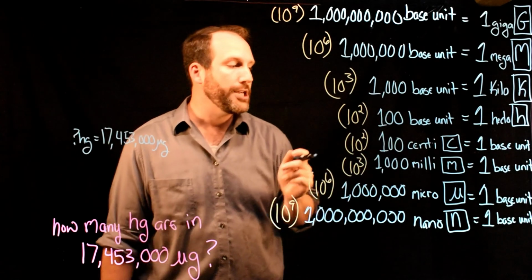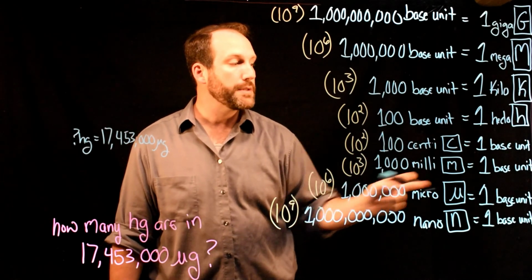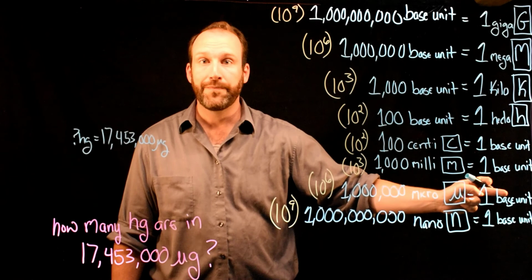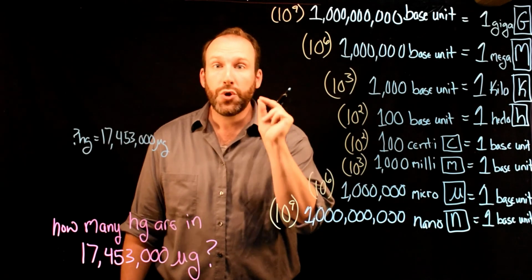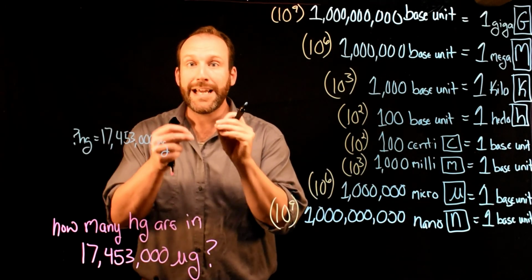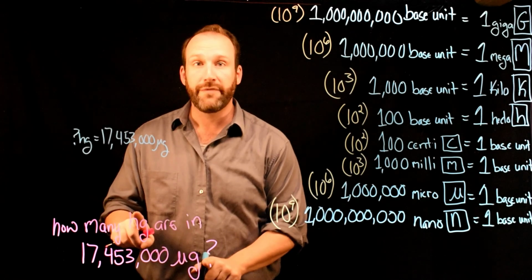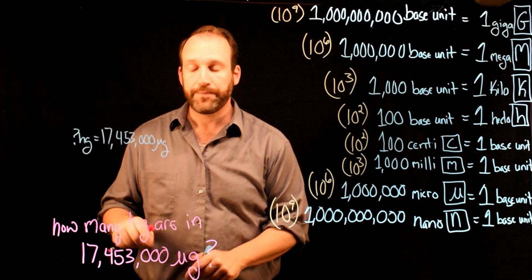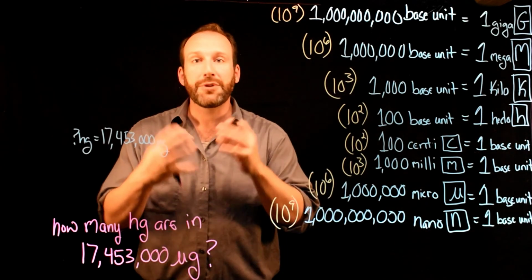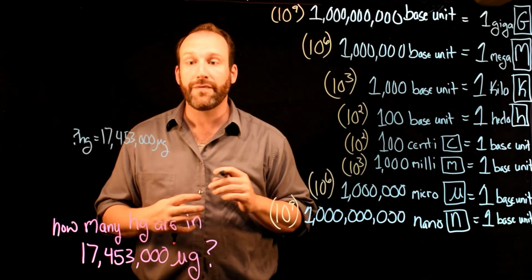We have a relationship between hectograms and grams. We also have a relationship between micrograms and grams. Okay? So we have two different relationships. Each relates the base unit gram to one of these two prefixes. So we can come up with a plan in order to solve this problem.